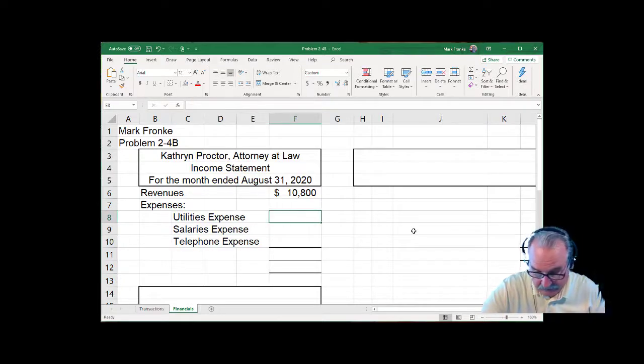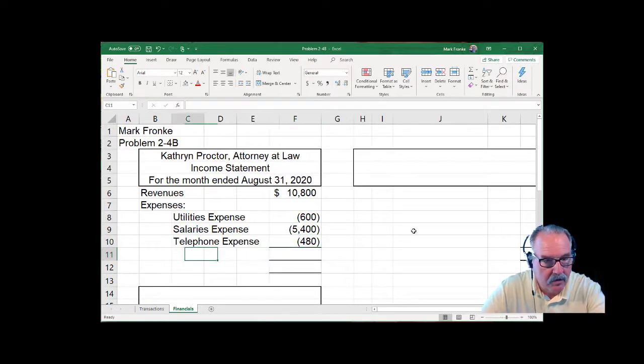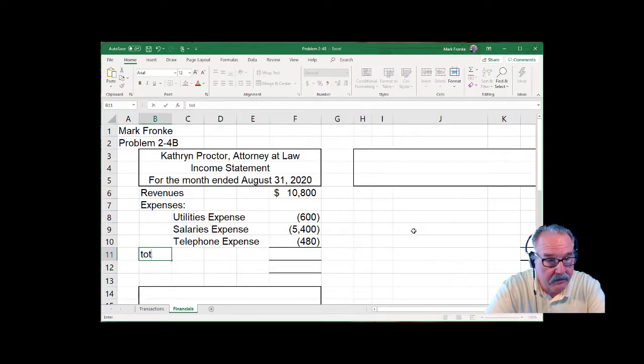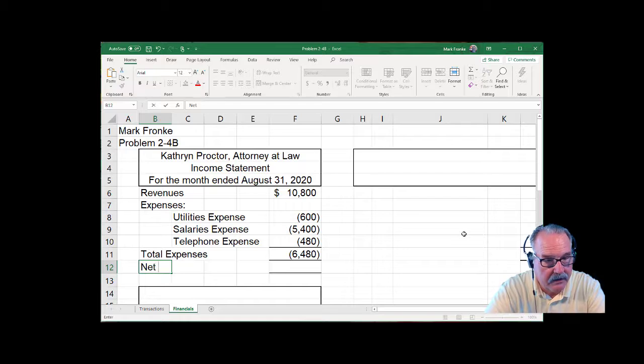And I'm just going to put those in: 600, 5,400 for salaries, and 480 for telephone expense, so that our total expenses are $6,480, and when we subtract the expenses from the revenues, it's net income.